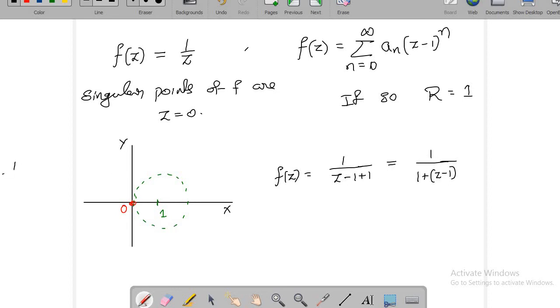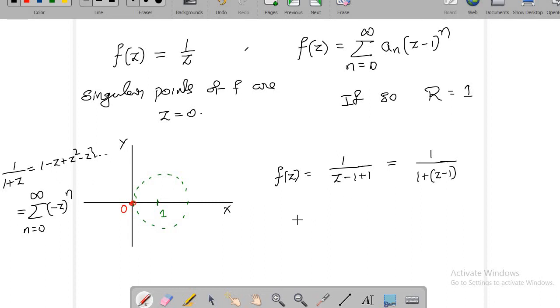And we know the expansion of 1 by 1 plus z. That is 1 minus z plus z square minus z cube plus and so on. In other words, this is nothing but summation n equal to 0 to infinite, minus z whole to the power of n. This is the formula.